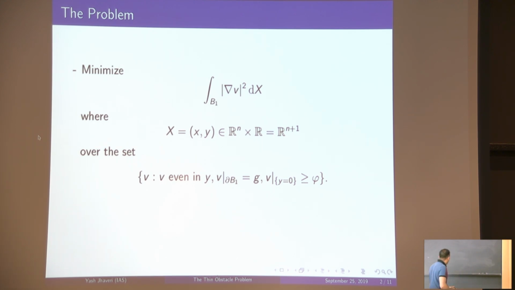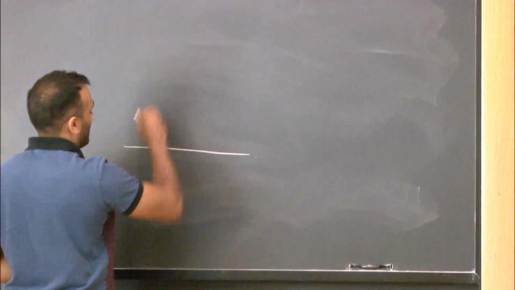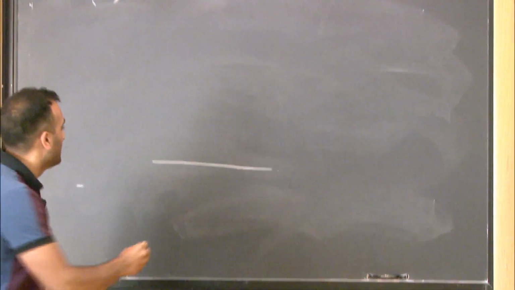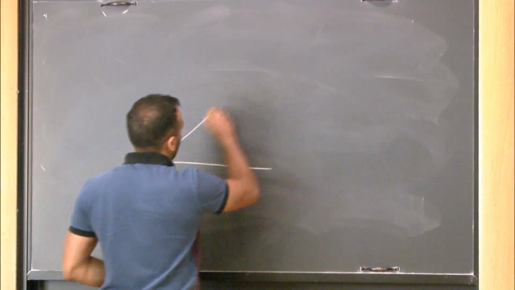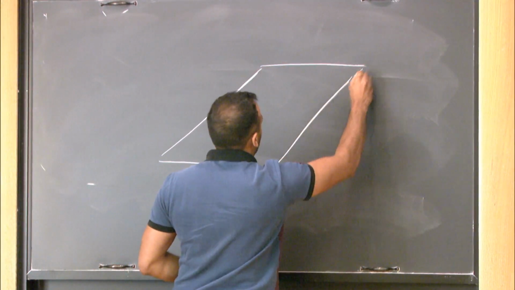And so if you want a picture to keep in mind, think about a hiking tent, right? So let's say instead of B1, you've got a square. What is B1? B1 is the unit ball in R^(n+1), okay? So let's see, if I can draw a picture.